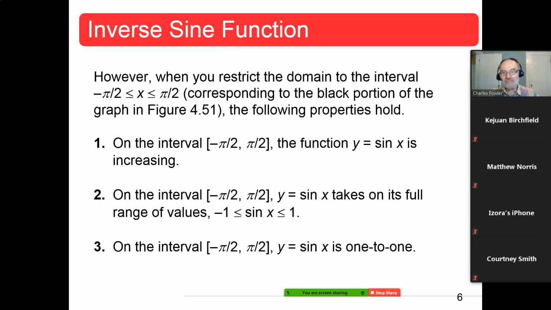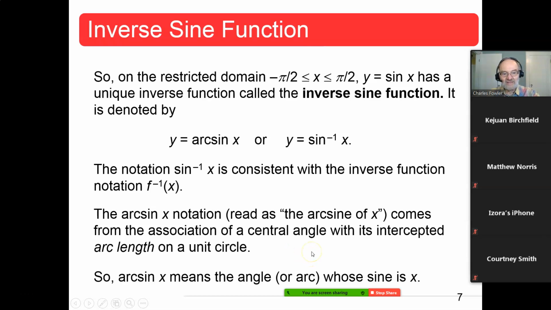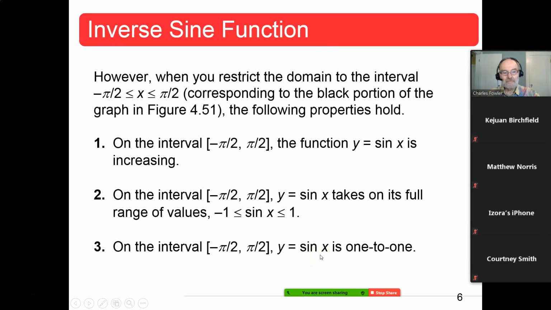On that interval, y equals sine x takes on the full range of values from -1 to +1. So you've covered all the possible values. And on the interval minus pi halves to pi halves, y equals sine x is 1 to 1.